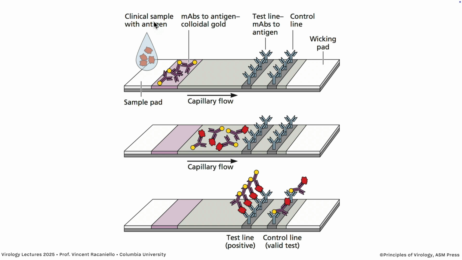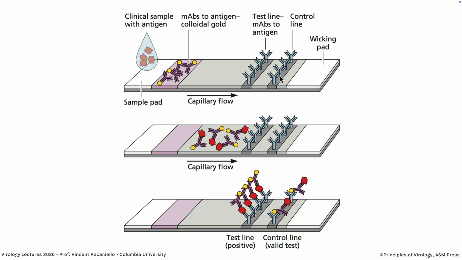And you take your clinical sample with your antigen, which I've shown here in brown, and the actual test material has here in the very beginning monoclonal antibodies to the antigen that you're looking for, linked to colloidal gold. And then you have two other zones where you have antibodies to the antigen.